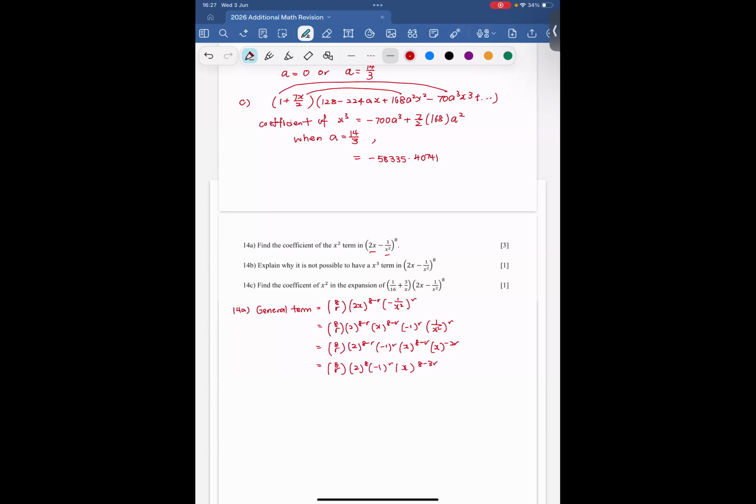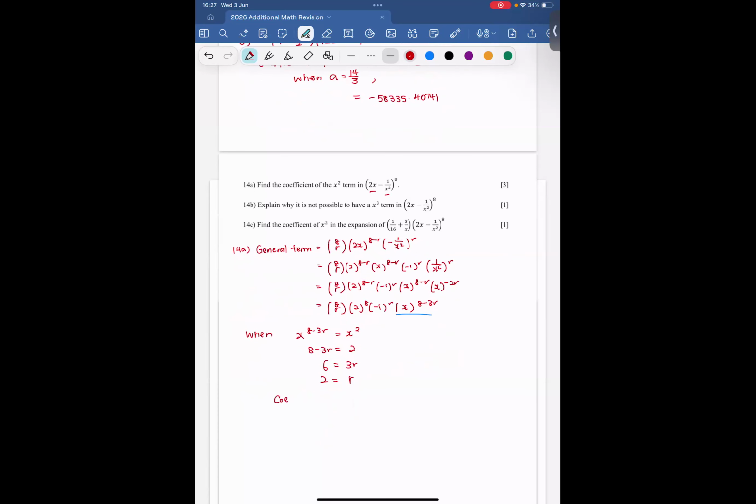Find the coefficient of x squared. In this whole general term, only this part contributes to your x squared. So we want to find the r that will give me x squared. 3r equals 6, so r equals 2.